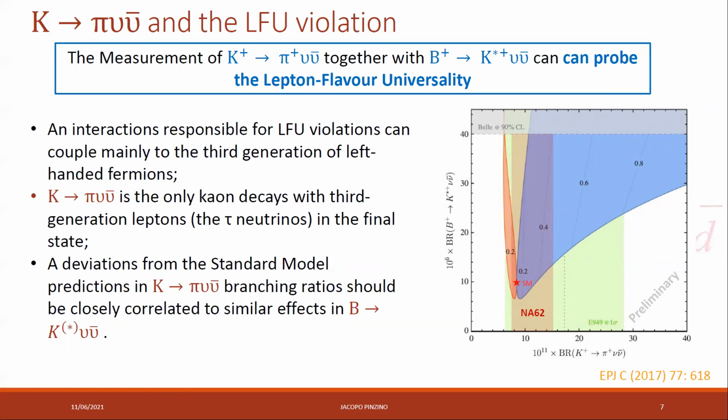And a deviation from the Standard Model in this decay can be closely correlated to a similar effect in the measurement of the decay of B to K* neutrino antineutrino, as in the plots shown here on the right. And here you can find an article that explains these models better.